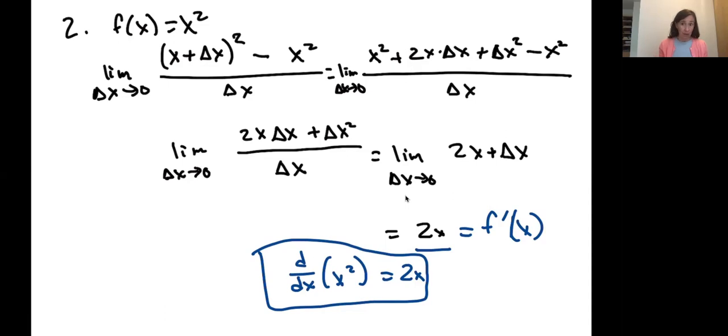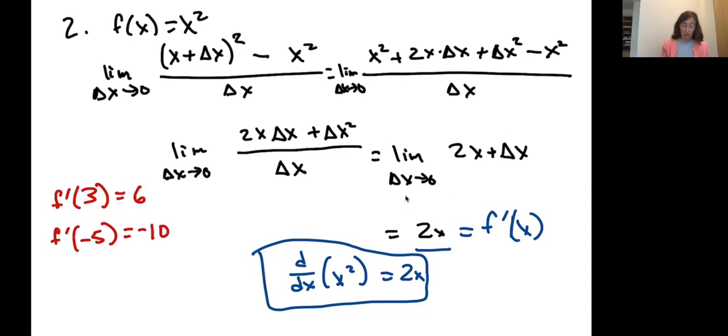One thing that we were expecting is that the derivative would itself be a function of x, and indeed it is. The derivative has an x in there, so that means we can substitute different values of x. If we want to take that derivative and evaluate it at 3, it's going to be 2x, that would be 6. F prime of -5 would be -10.